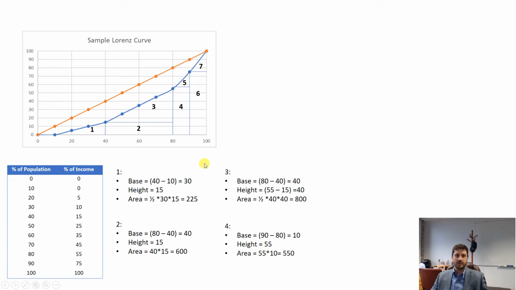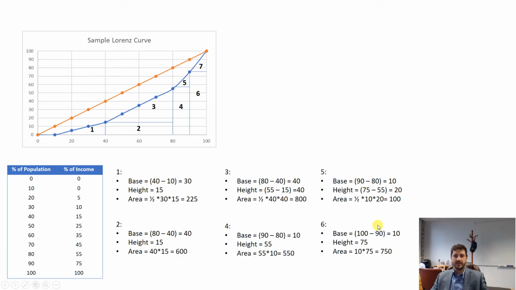Then 4, the base is 10, just 90 minus 80. The height is 55, and so 55 times 10 is 550. For 5, that's another triangle. The base is 10, the height is 20 because it's 75 minus 55, and then 1/2 times 10 times 20 is just 100. And then 6 is another rectangle.